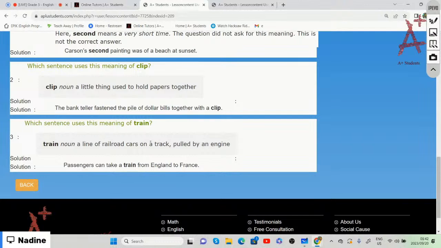So train. Passengers take a train from England to France. And this train is basically a vehicle, like a form of transport. All right.